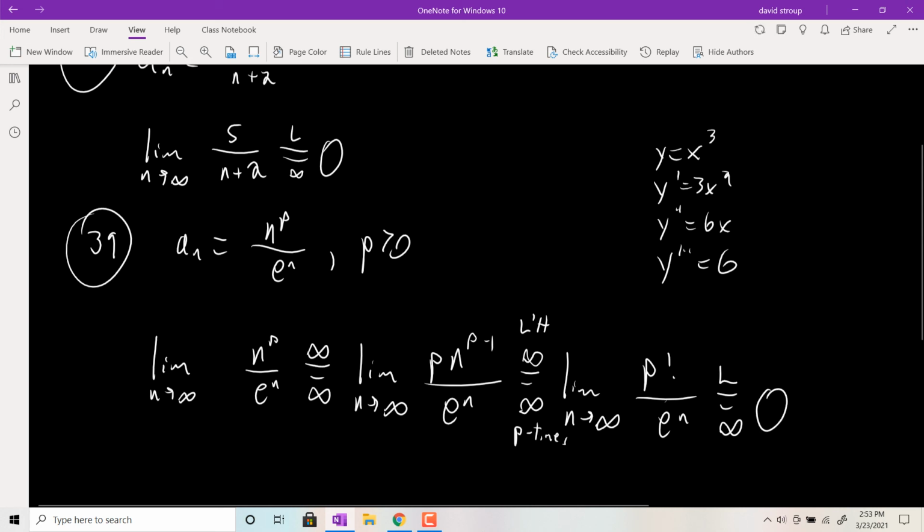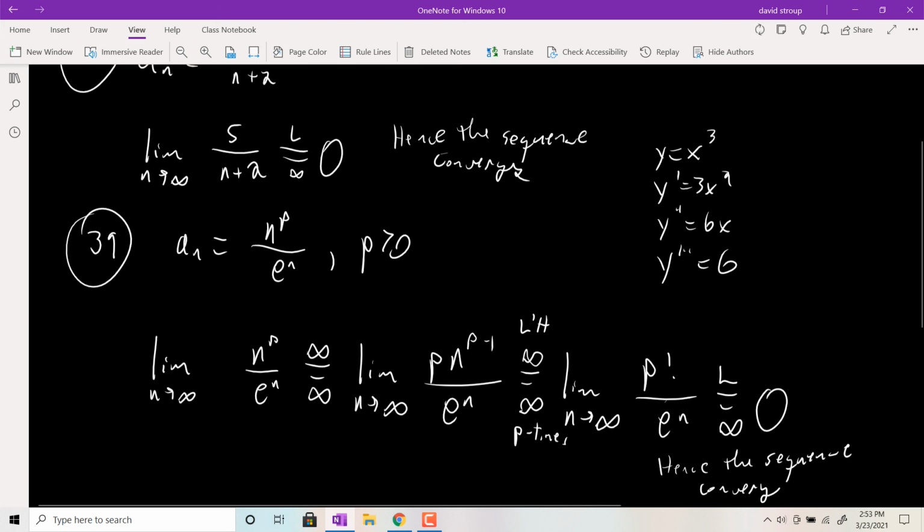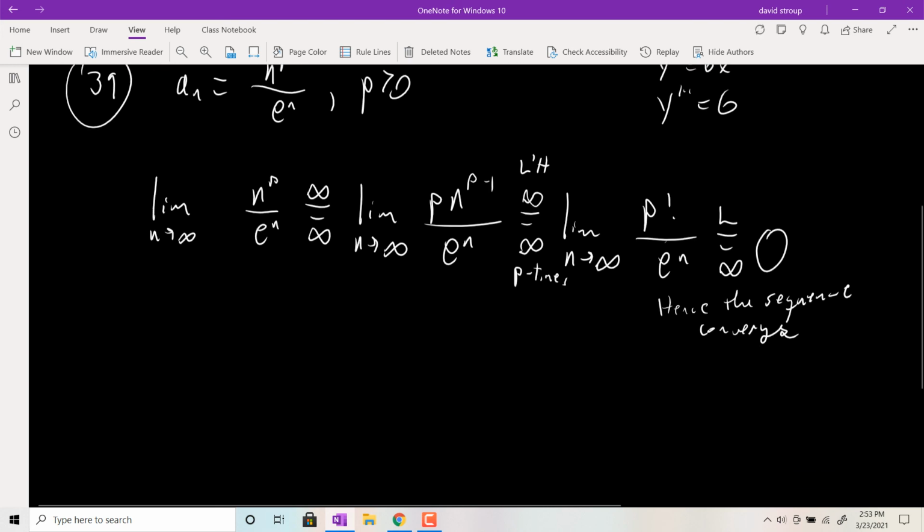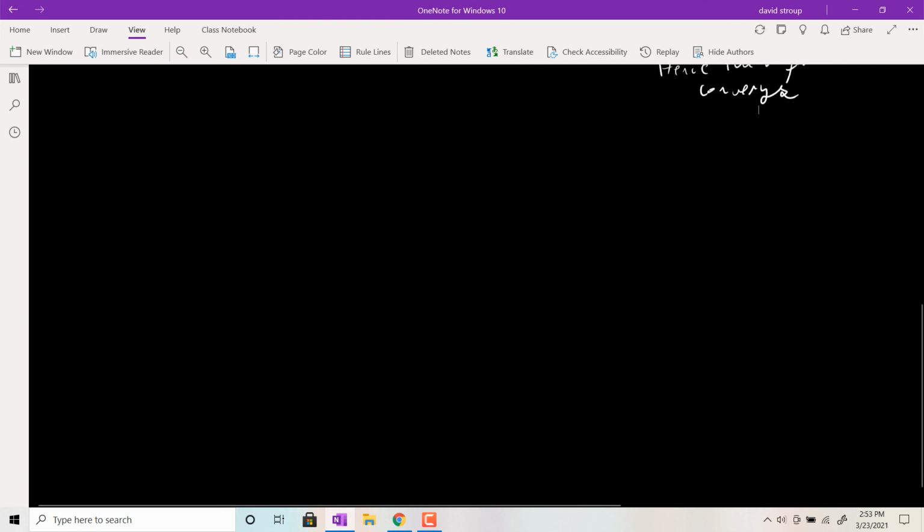And I should have noted these are convergent. Okay, so hence the sequence converges here and also down here. So hence the sequence converges. So if the limit does not exist, or if it goes to infinity or negative infinity, you'll say it's divergent. Okay? Let's look at one more example.